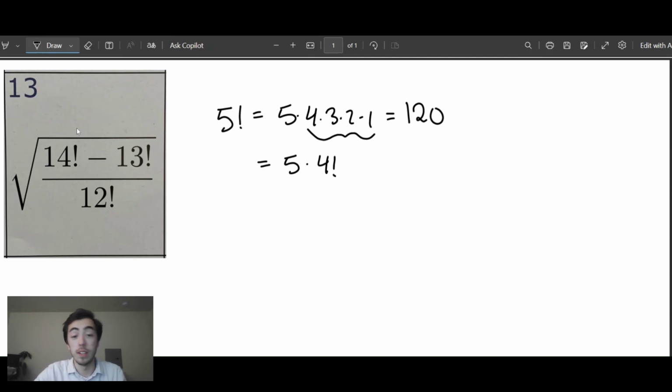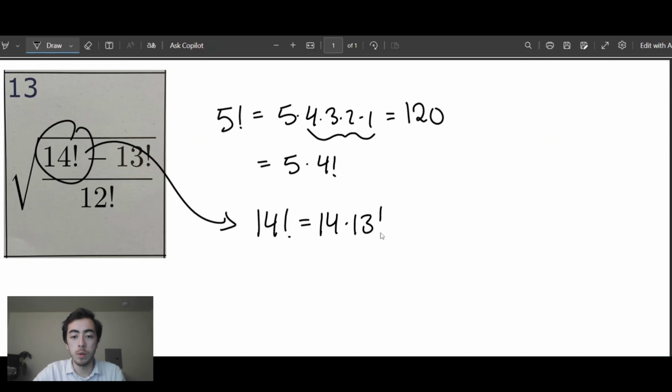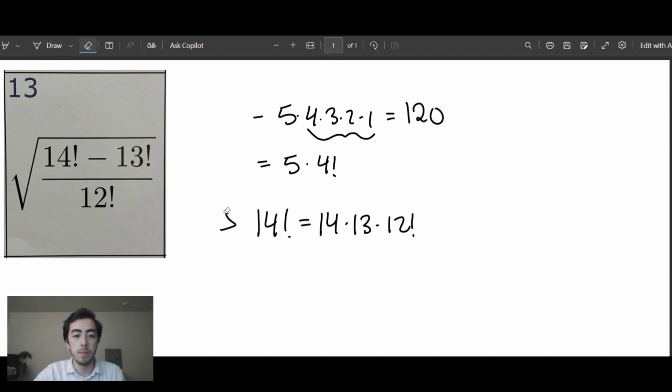So if we take a look at this 14 factorial over here, if you want, you could write it as 14 times 13 factorial. You could even do 14 times 13 times 12 factorial, because you eventually, with that factorial, just count down all the way to 1 with your product there.